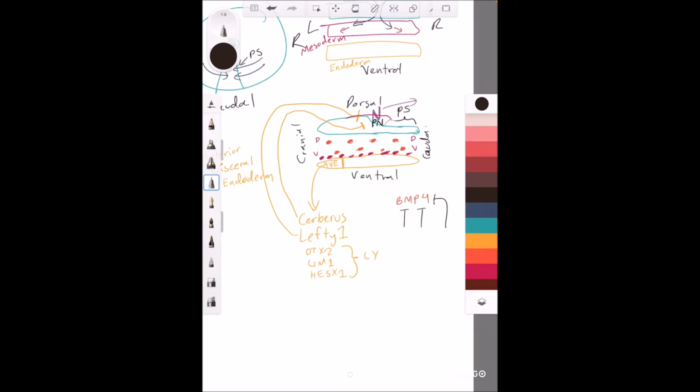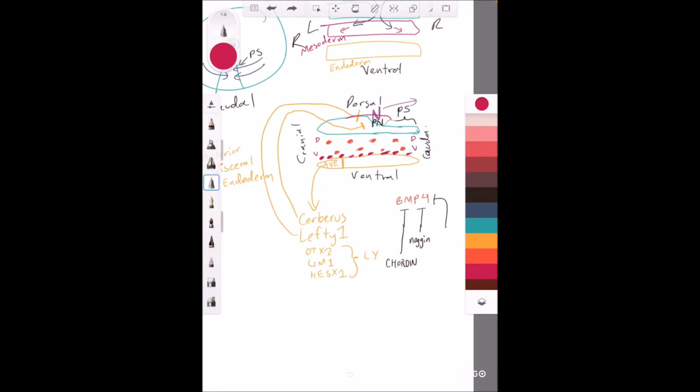There is, first off, the chordin, because remember, this is going to allow the notochord to form. There's also noggin, because the notochord is going to form on the cranial side, and your noggin is like your head.